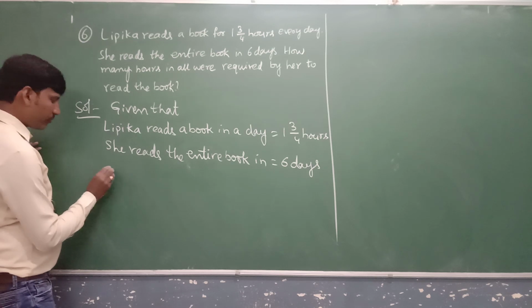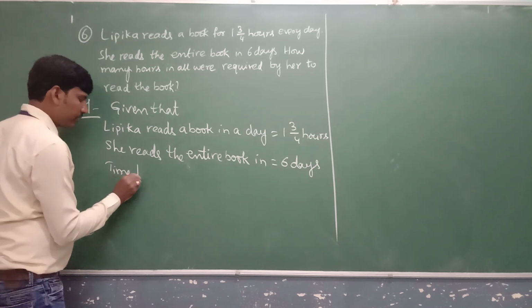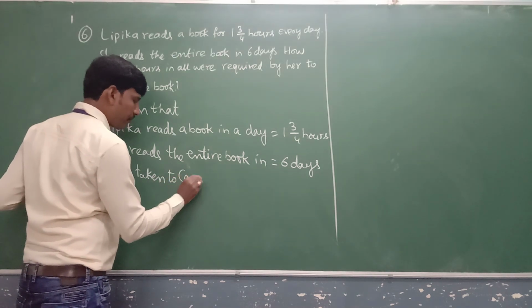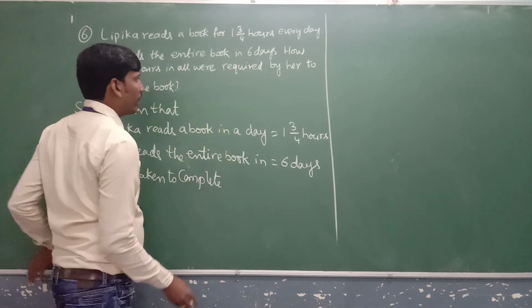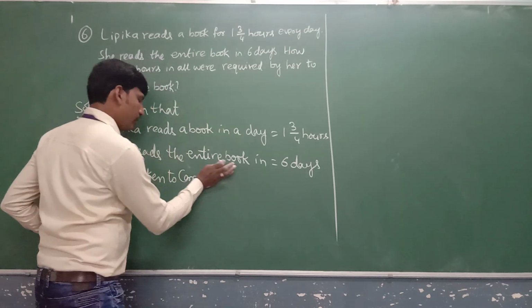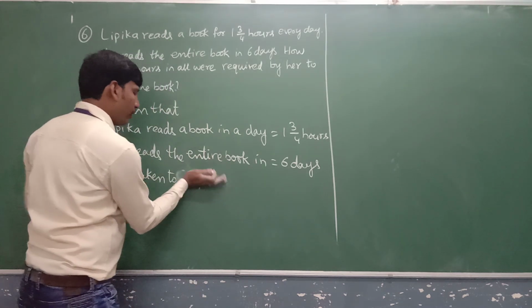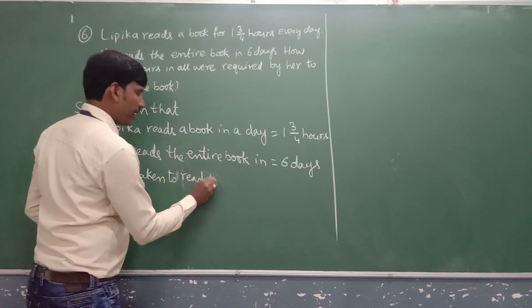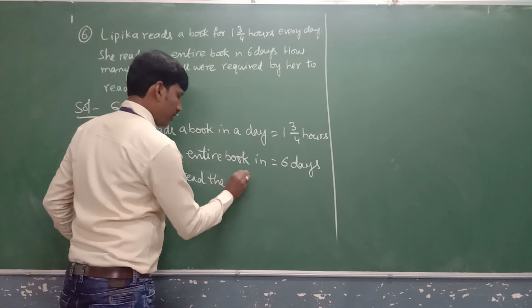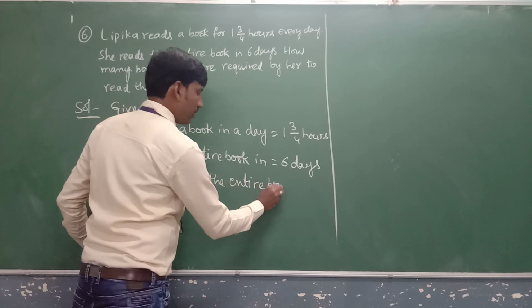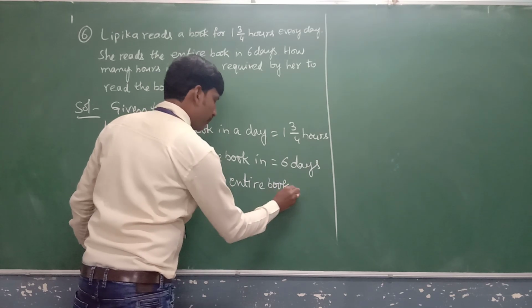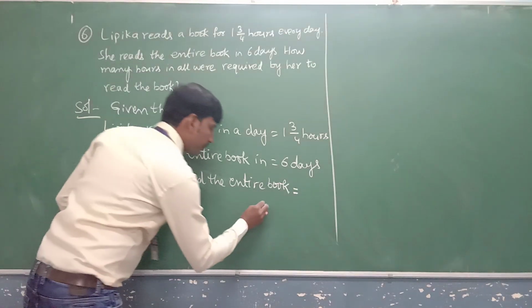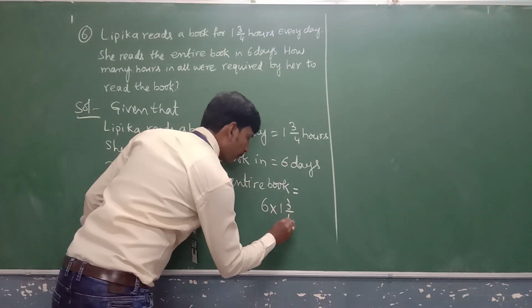Now, time taken to read the entire book is equal to number of days into hours per day. 6 into 1 3/4.